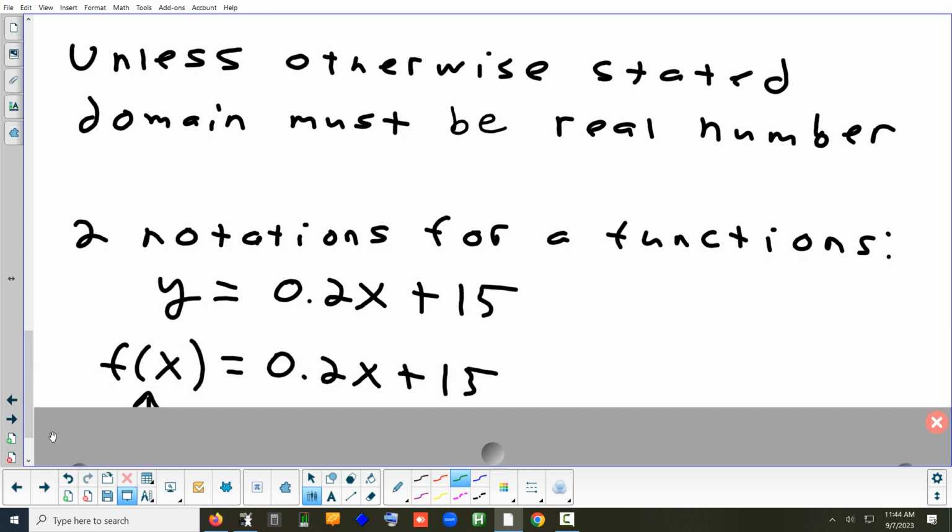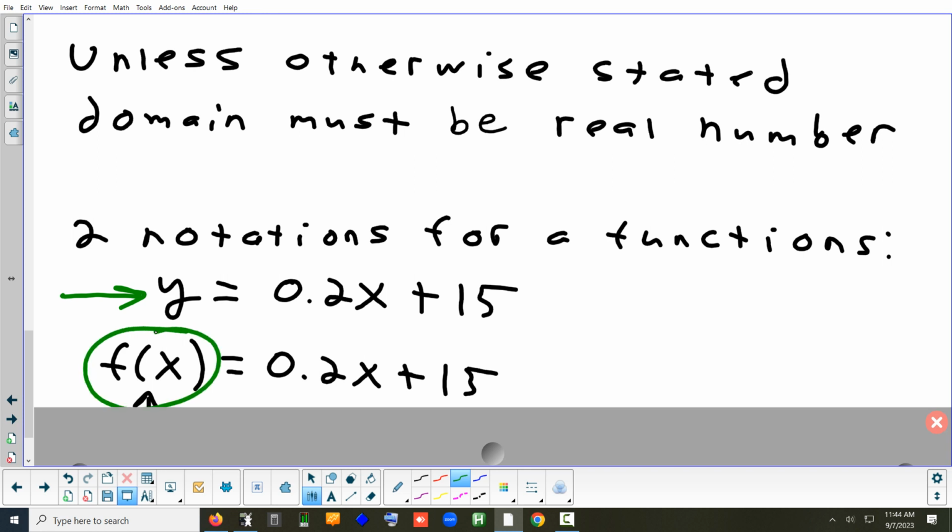So earlier somebody said, well, does it matter if you use f as the name of the function? And I said, well, it's just a way you can name a function. This is how we talked about the function in the rent-a-car problem before. This is another notation. Does anyone know how you pronounce this? F of x.